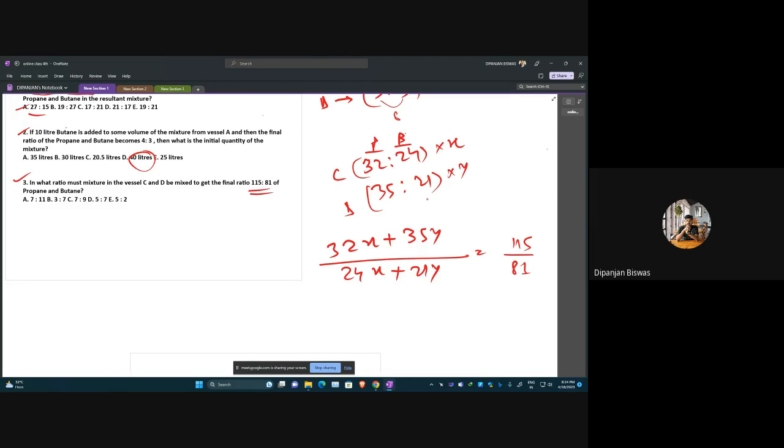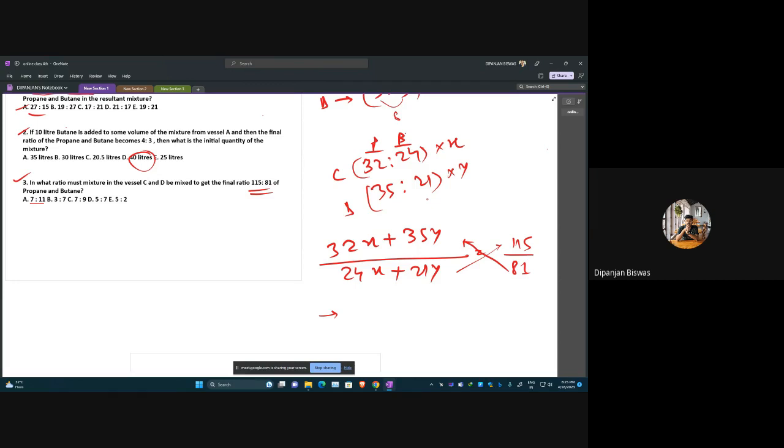Okay, so this should be a huge calculative question. You have to cross multiply this with this, then you have to subtract and all of that. But let us try to solve the question directly through answers. The first option was 7:11.